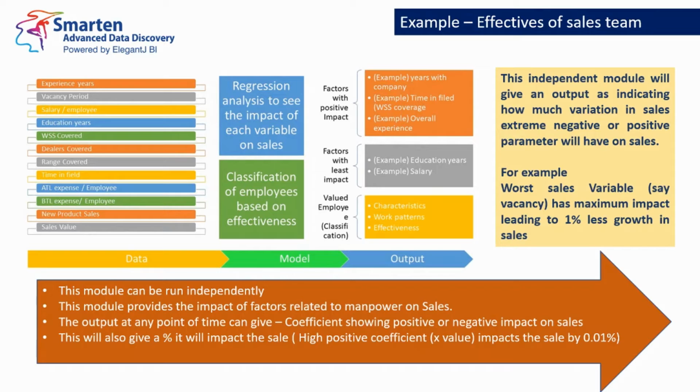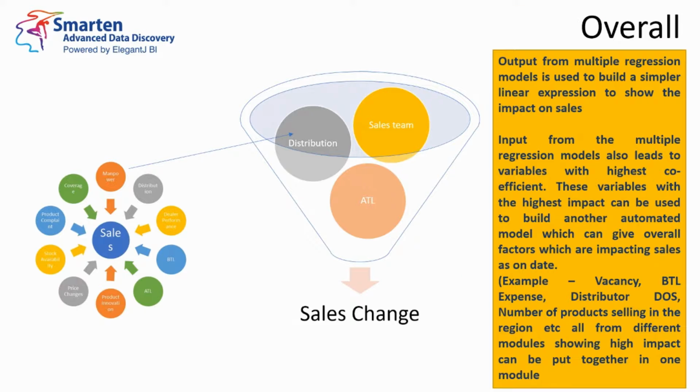Meanwhile, what you can do is take the 6-7 parameters which matter the most here and put them into another repository, which can be used along with the key items from each of the modules here, like from the distribution, from the dealer performance, from the BTL, ATL, product innovation, price fluctuation.